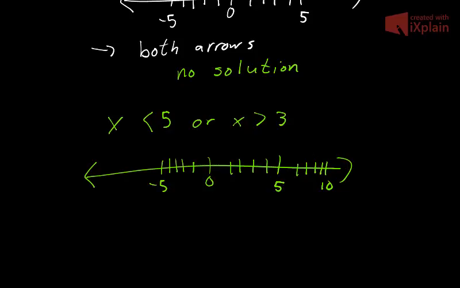I'm going to start with x is greater than 3. So I'm going to draw this 3 here and an arrow going this way. I also have x is less than 5, arrow here, going that way. So because I have my or, which I forgot to put in capital again, that means I need one arrow.